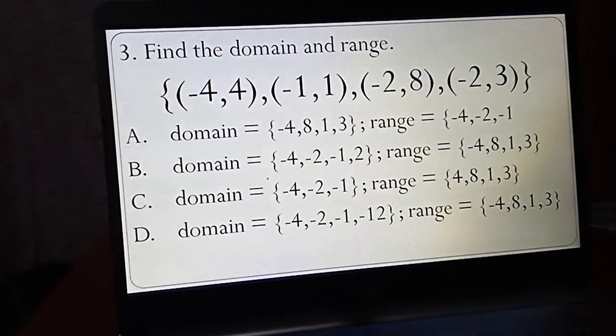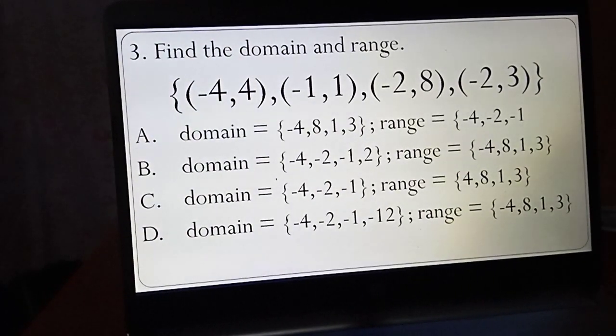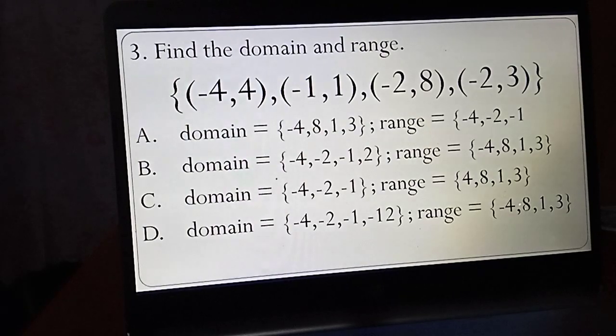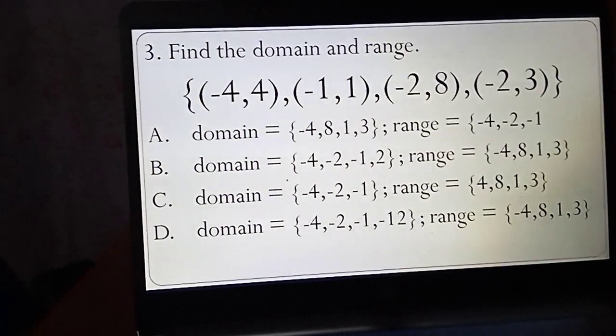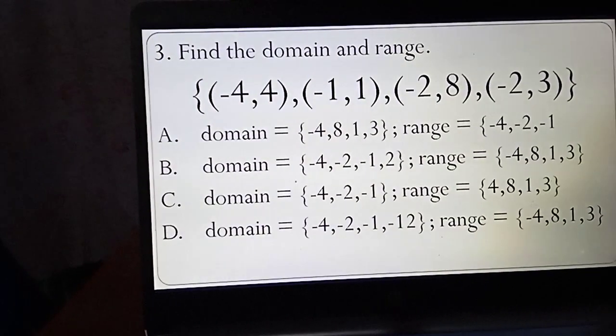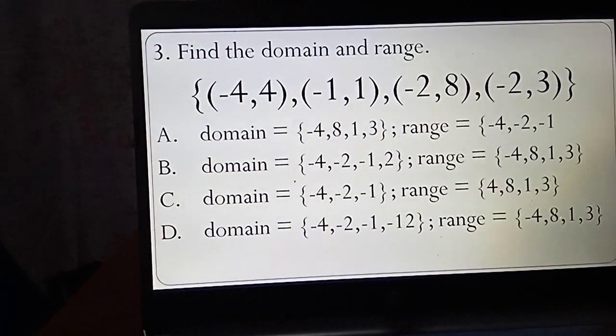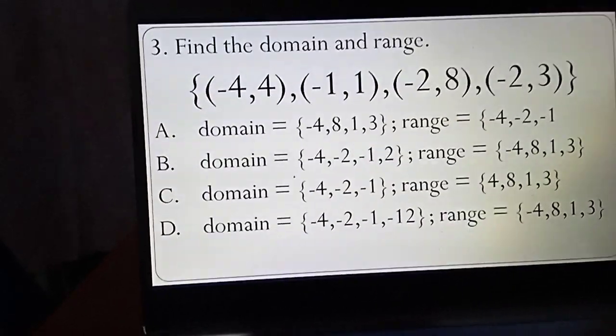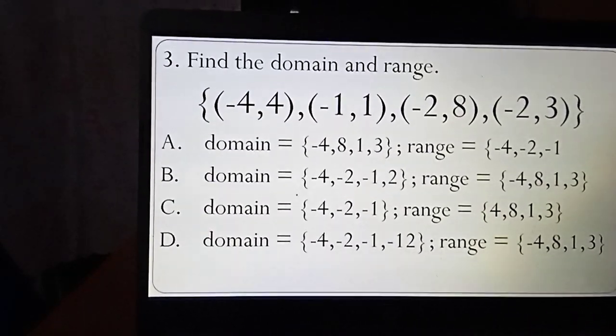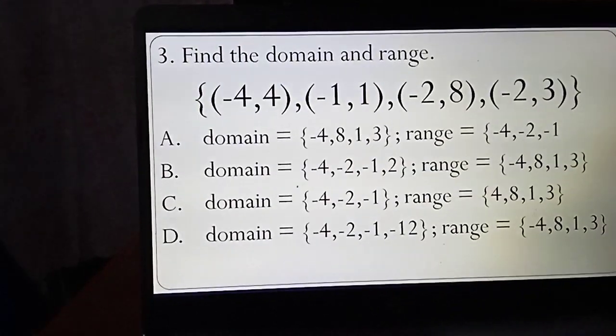And the range are 4, 1, 8, and 3. So where is that? For letter A, -4, -1, there's no -1, so that is not the choice. Letter B is also not the choice.